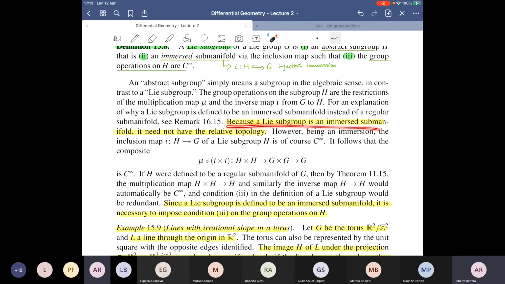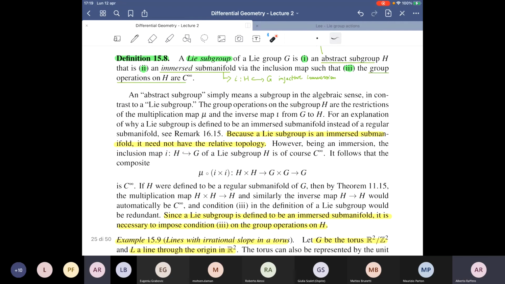And so in particular, as you can see, there is also this observation that I already told you. Since we have an immersion, if you consider the inclusion map, then you will get that the multiplication is a smooth map if you see it as a map going from H cross H into G. You just compose the inclusion of H inside G with the multiplication of G. This is the composition of smooth maps, so it is smooth.